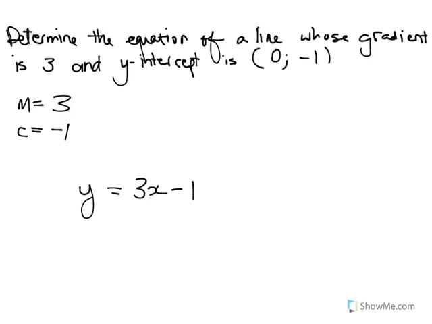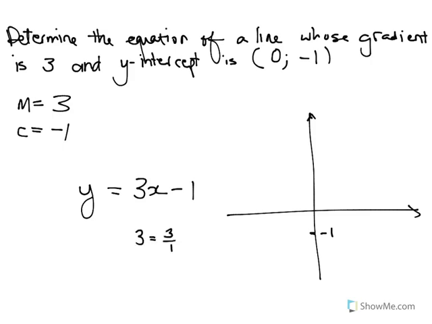And you can do a bit of a sanity check. You can quickly plot this, easiest way for me looking at it is the gradient intercept method. So I'll plot my y-intercept first, and then my gradient is 3, which I can express as a ratio of 3 to 1. So for every unit that I run this way, I rise 3 units, so 1, 2, 3.